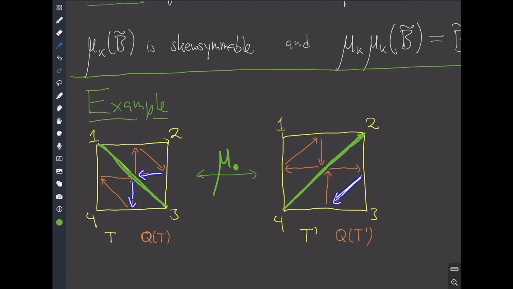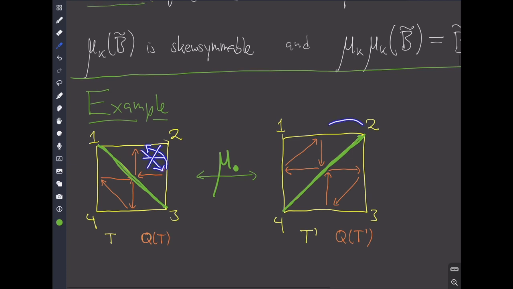So this one can be interpreted as arising as the composite of the two arrows on the left. Whereas on the original one, you have to add the composite of these two, so you have to add this arrow, which forms a 2-cycle with this one. So in the end, it has to be cancelled.